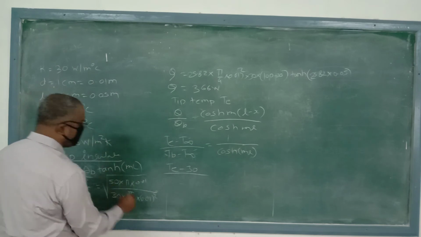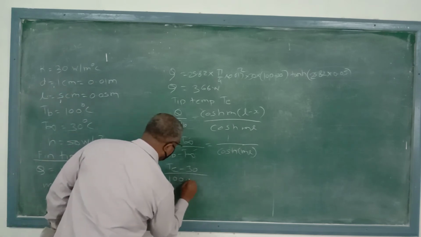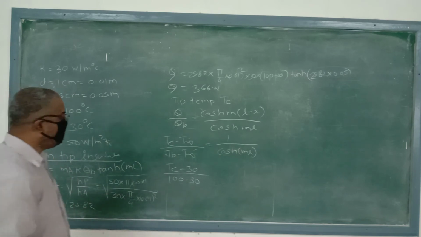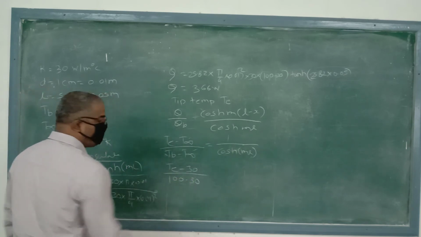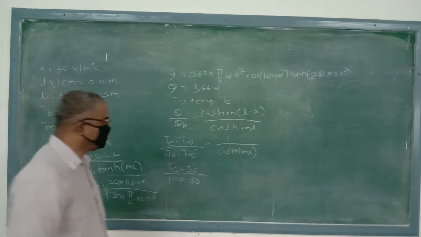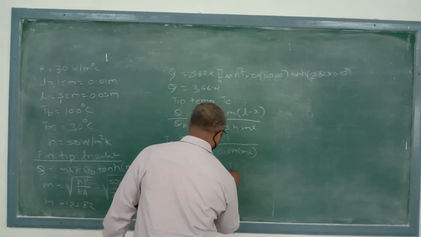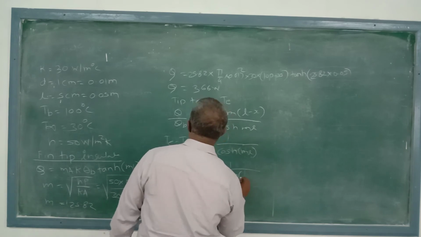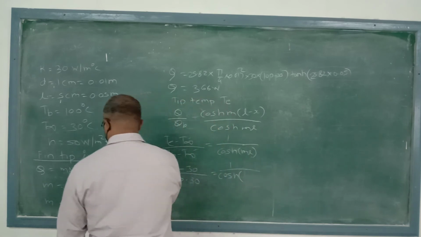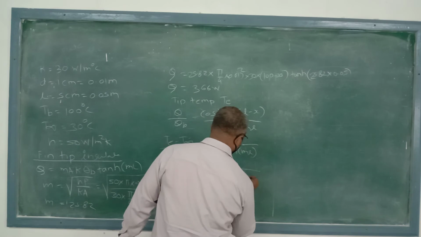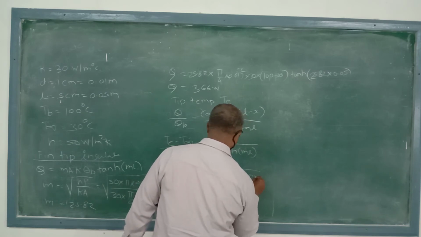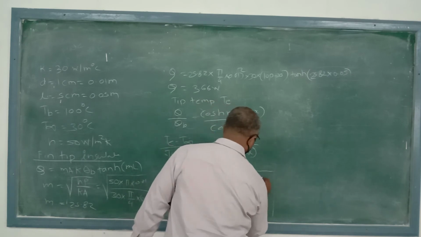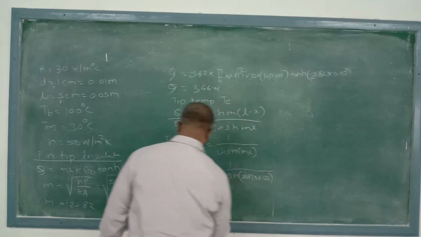Temperature of the base is 100. We have no need to convert into Kelvin because here we are taking the temperature difference. So this is equal to 1 upon cos of hyperbolic of 25.82 into length 0.05.